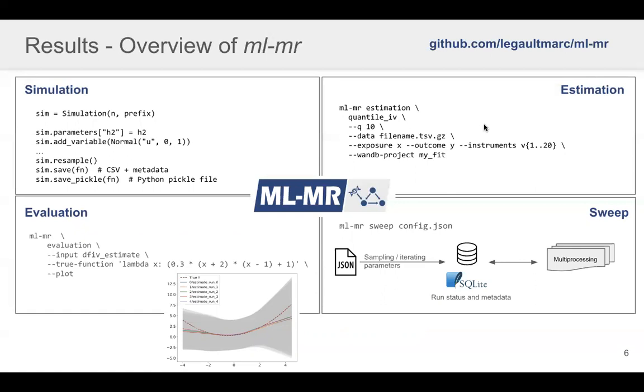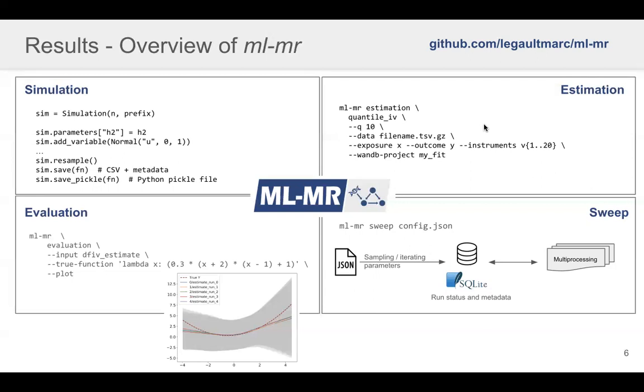We also automatically provide valid prediction intervals for these models using conformal inference to quantify uncertainty. The evaluation module can also be used to plot the fits from different models and compute metrics like the mean squared error to the true function. This is what's illustrated on the bottom left corner.